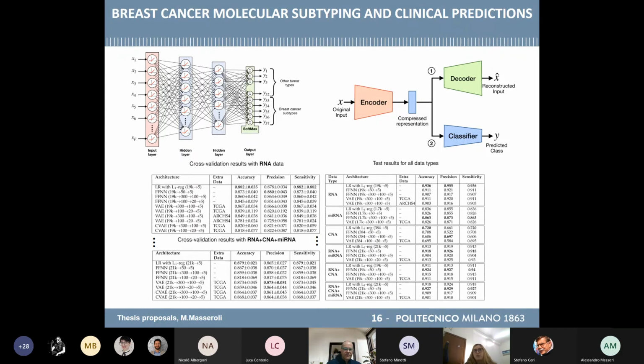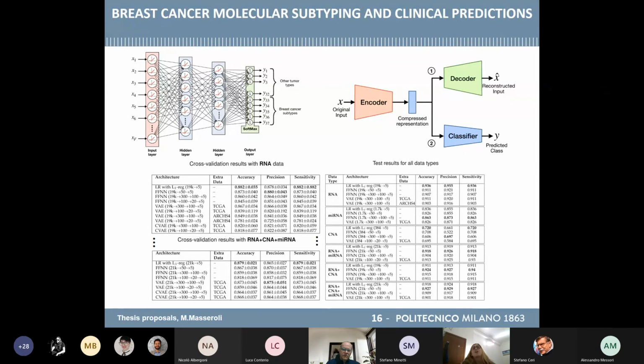So we compared our logistic regression baseline with a feed-forward neural network, variational autoencoders, and conditional variational autoencoders, even in a semi-supervised like setting, in the sense that to supply for the few availability of breast cancer data annotated with subtype labels, we also used extra data in our autoencoder based models, basically to try to improve the latent space representation using data coming from other cancer types or data coming from normal breast tissue.